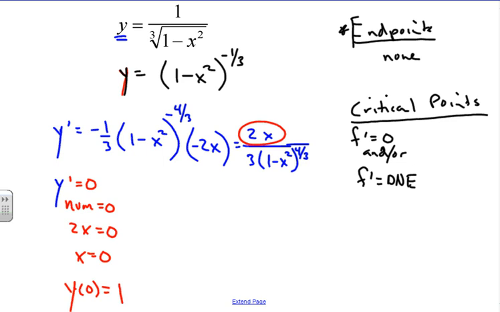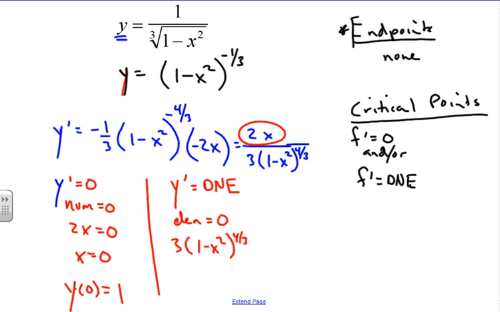The other values are when y prime doesn't exist. That is when, if we have a denominator, the denominator equals 0. So we take 3 times 1 minus x squared to the 4/3 and set it equal to 0, and we notice that it happens when x equals plus and minus 1.